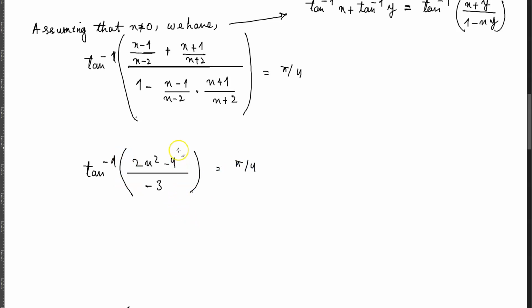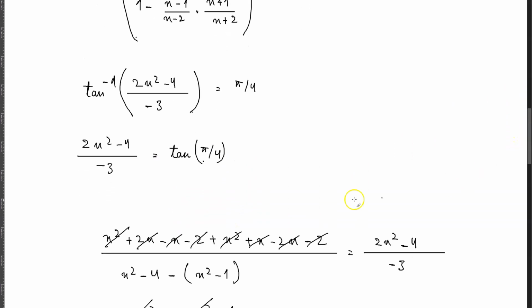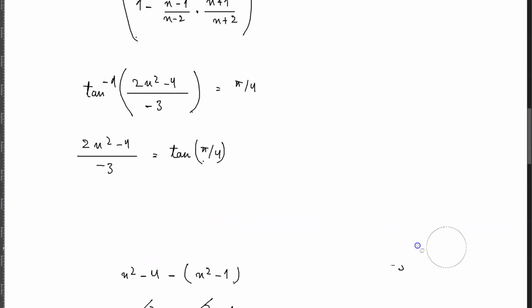Which means that 2x squared minus 4 over negative 3 is equal to tan of pi by 4. Now tan of pi by 4 is equal to 1, right?